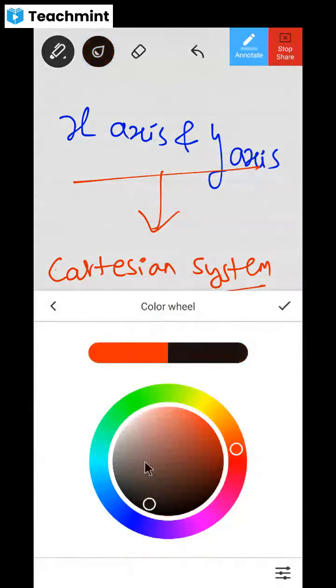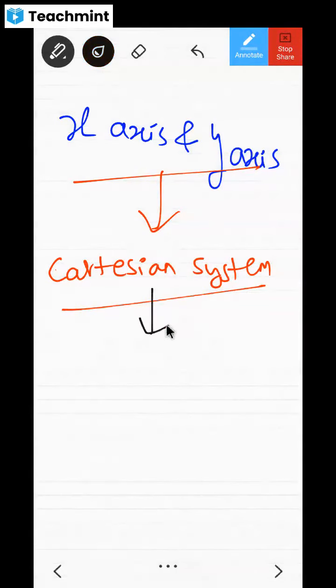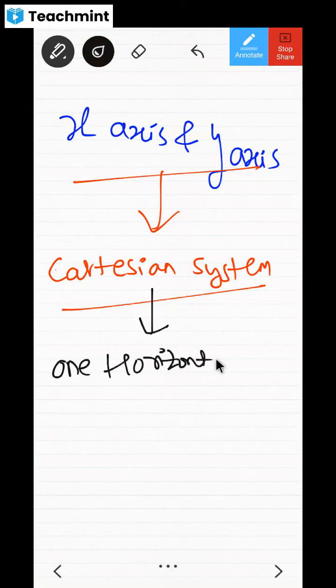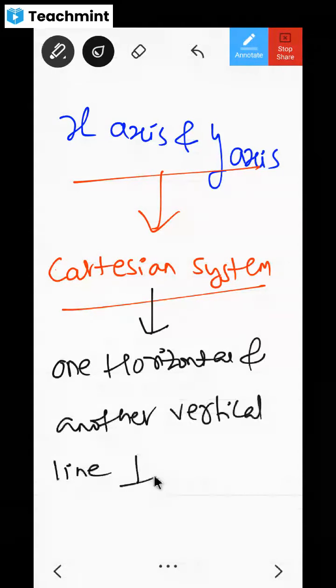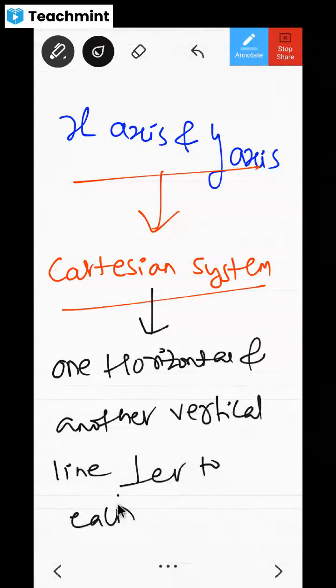One horizontal line and another vertical line, perpendicular to each other. If they are perpendicular to each other, then it is called a Cartesian system. Is this understood?